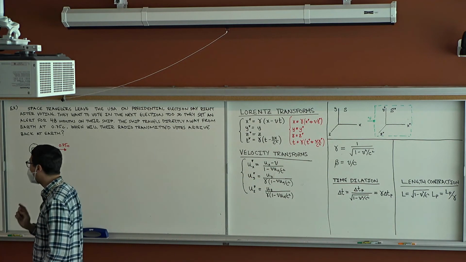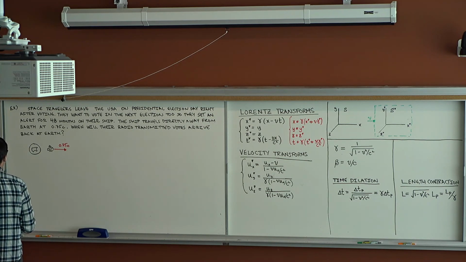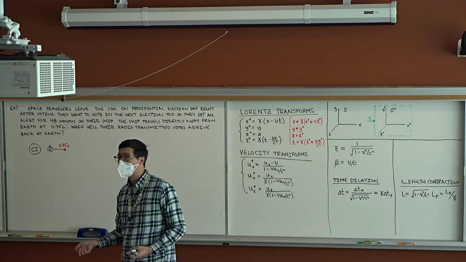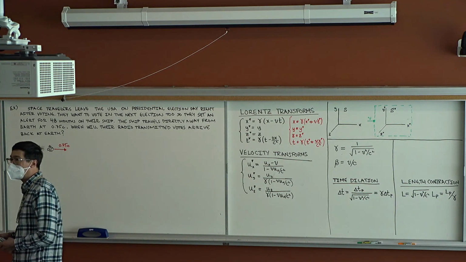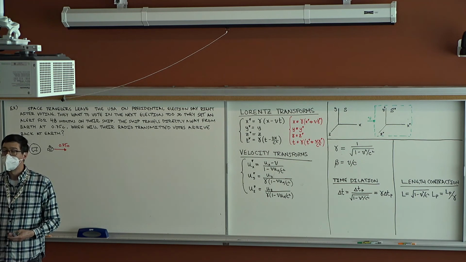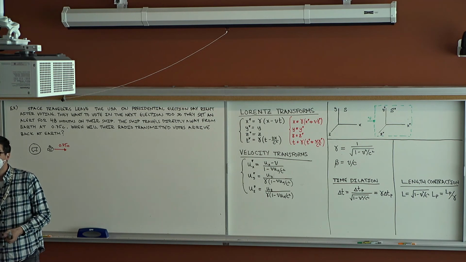And there's a couple of things going on here. First, we want to think about who gets to measure proper time here. What are the two events? So I kind of glossed over this in my story.